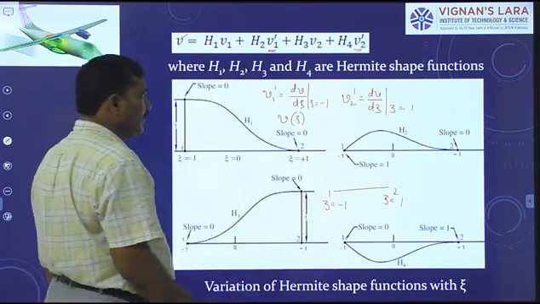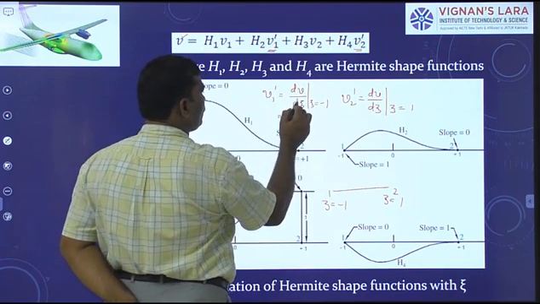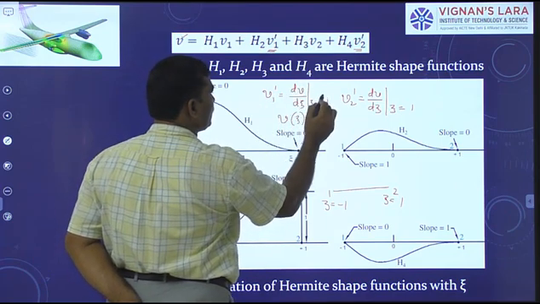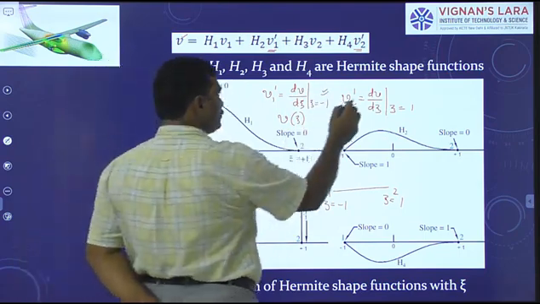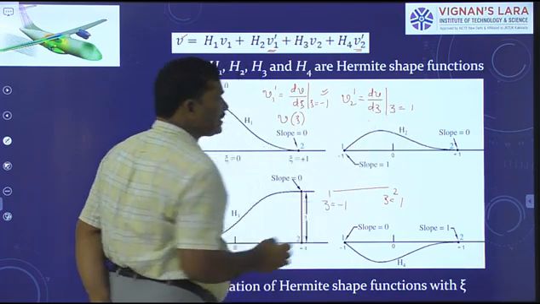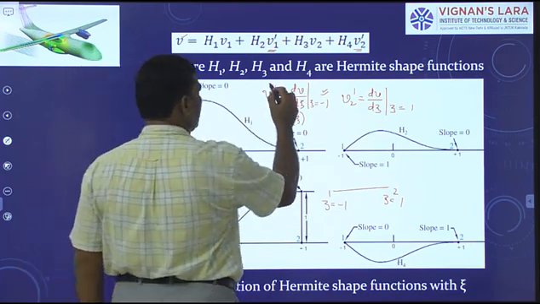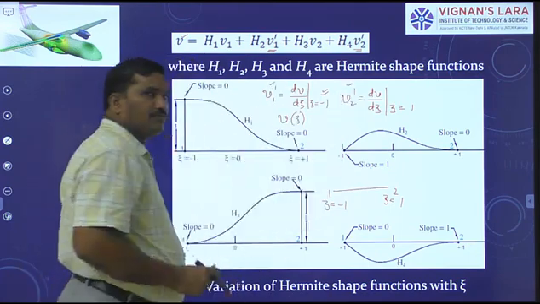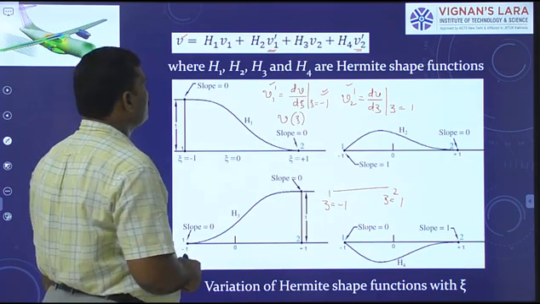This is the reason why V1 dash is the first derivative of V with respect to J at J equal to minus 1, and V2 dash is the first derivative of V with respect to J at J equal to plus 1.